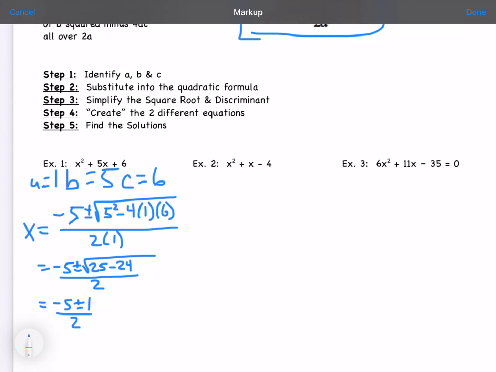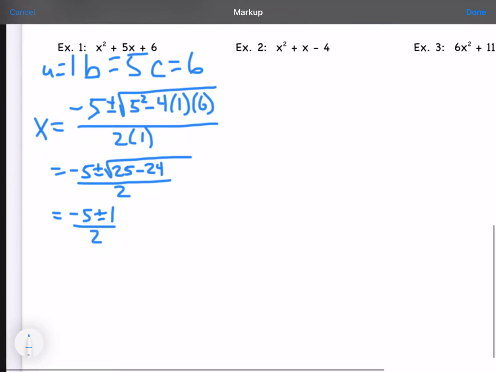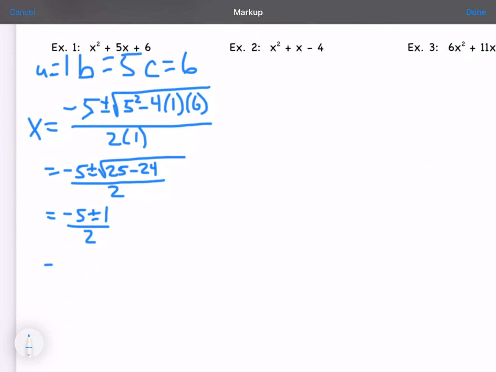All of it divided by 2. So I'm going to set up my two equations. Negative 5 plus 1 over 2 is x, and x equals negative 5 minus 1 over 2. So this is going to be negative 4 over 2, so I have negative 2, and I have negative 3 as my two possible solutions.